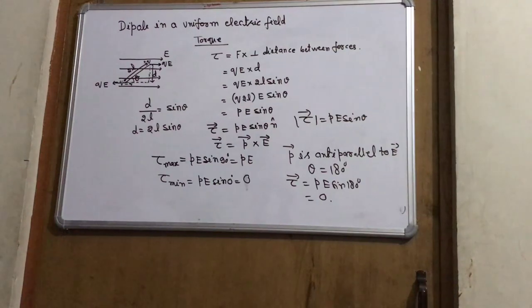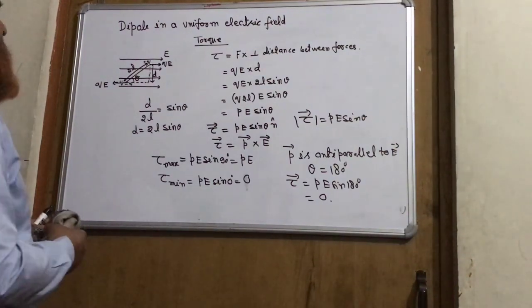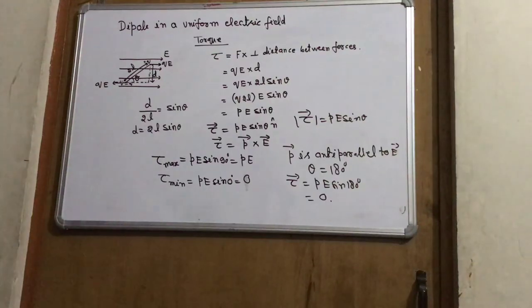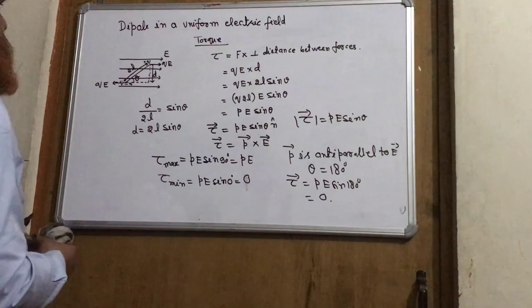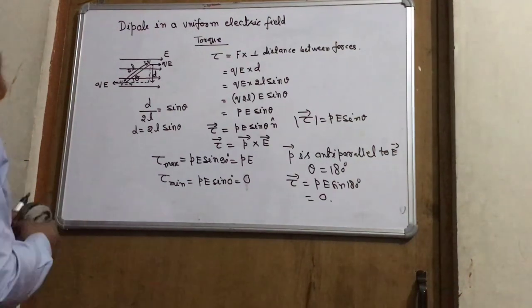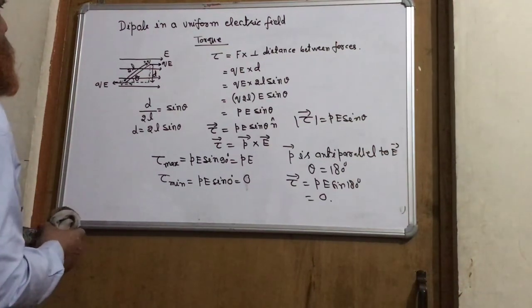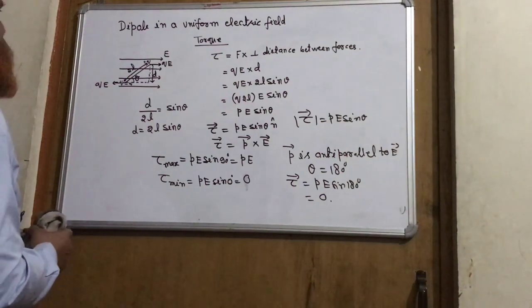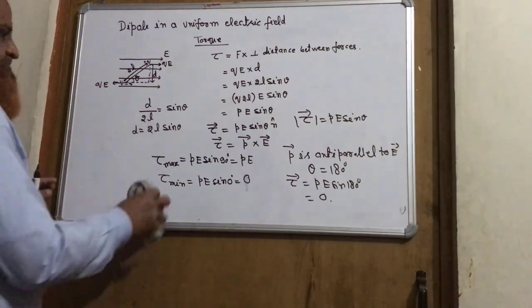So when any dipole is placed in a uniform electric field, it experiences 0 net force, so it has no translatory motion, but it has rotatory motion due to torque.